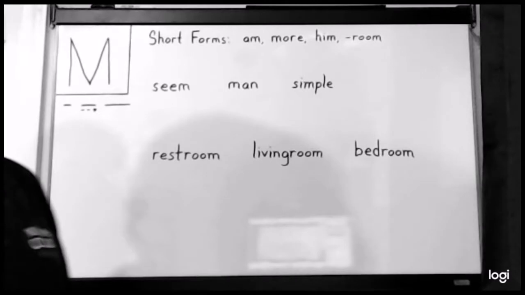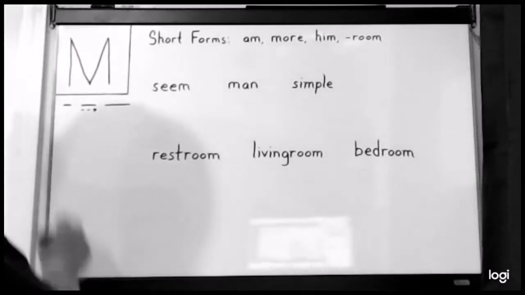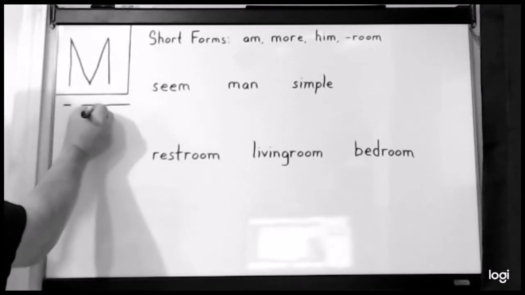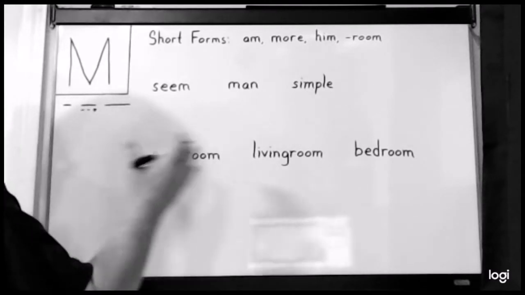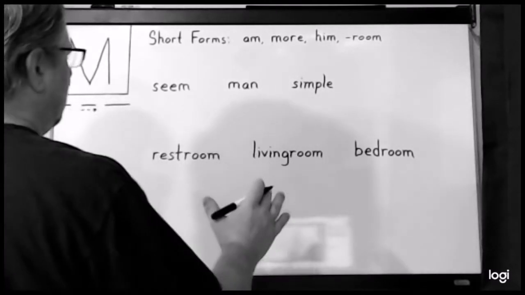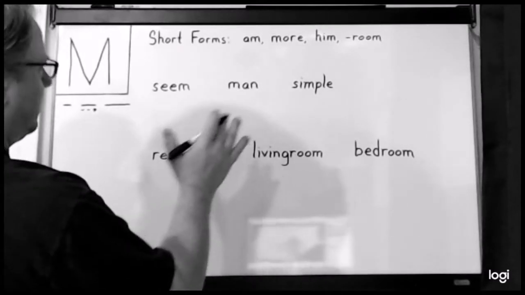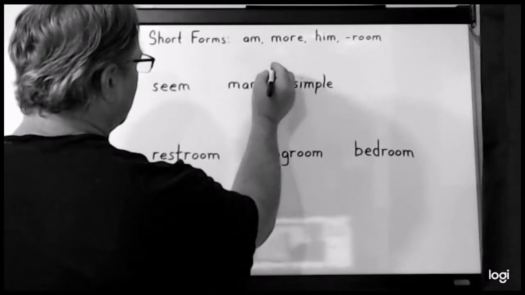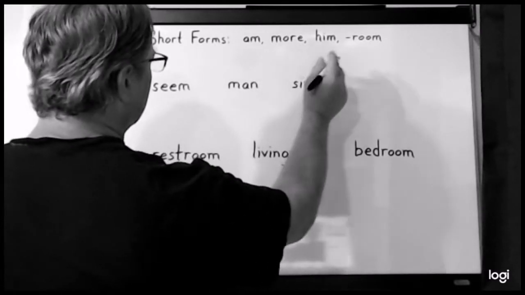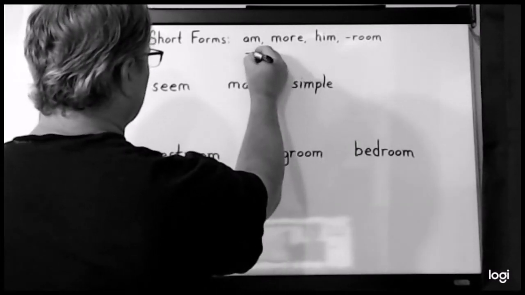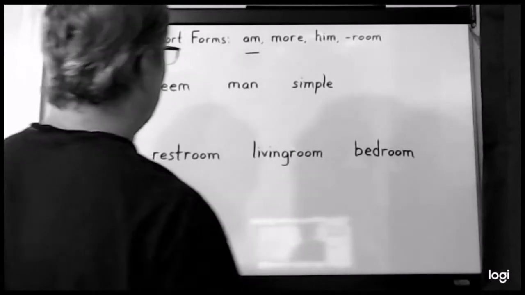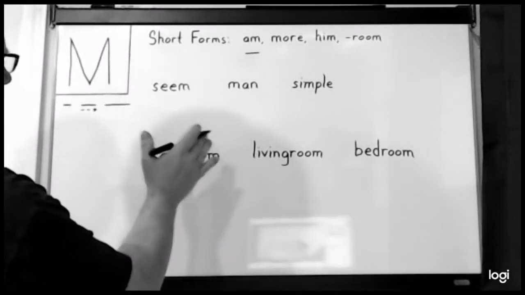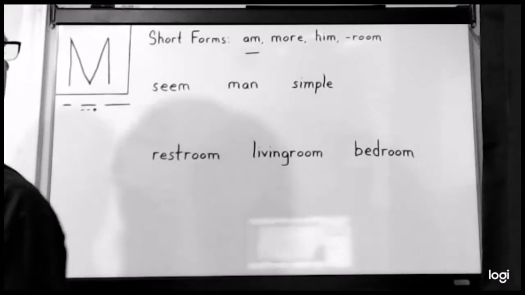The letter M is the medium-sized stroke in this horizontal series here, going left to right. By itself and in phrases, the M stands for the short forms am, more, him, and room. So here we will write the words seem, man, and simple.